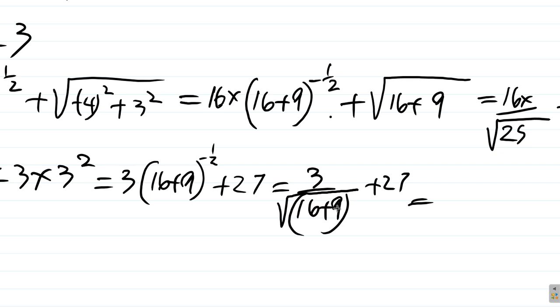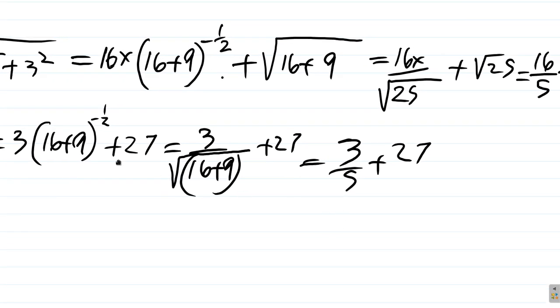But 16 and 9 is 25, and the square root of 25 is 5, so it's 3 over 5 plus 27. What is 3 over 5 plus 27? Here's my calculator. I'm just going to work it out using a fractions calculator off the screen. So 3 over 5 plus 27 equals 138 over 5. Alright, so you have those values.